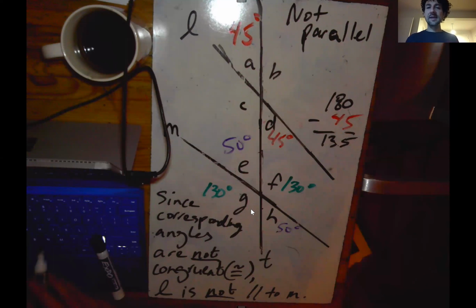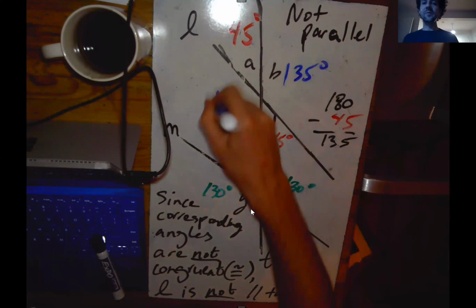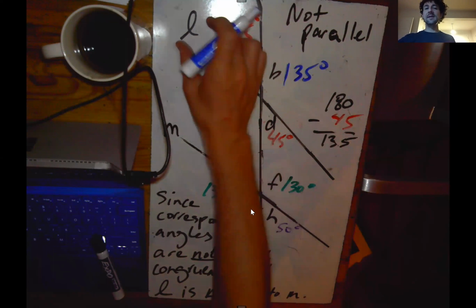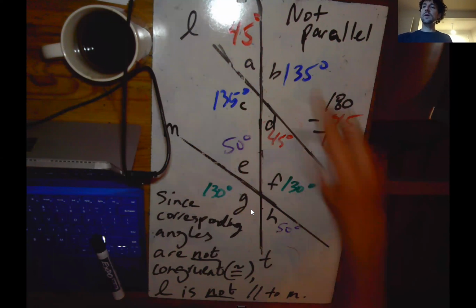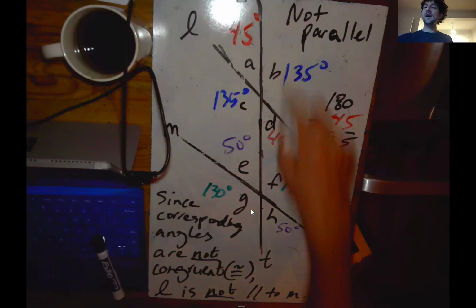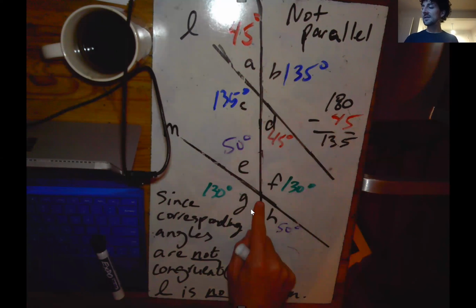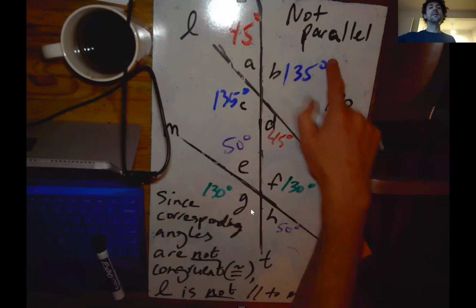So that allows us to say that angle B and angle C are 135 degrees. Again, we have evidence that L is not parallel to M because the intersection on top, where we have 45s and 135s, is not identical to the intersection at the bottom where we have 50s and 130s. So this is our evidence that these are not parallel.